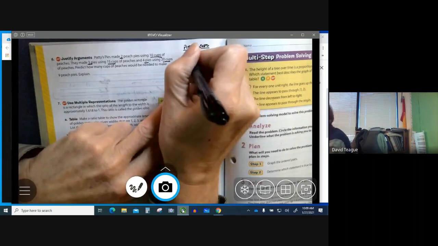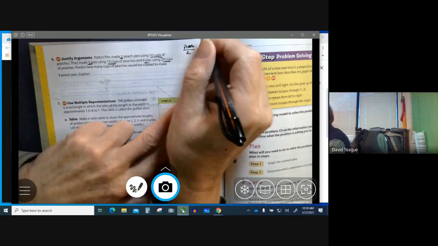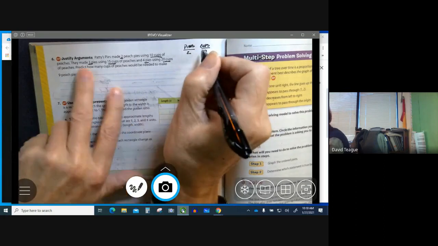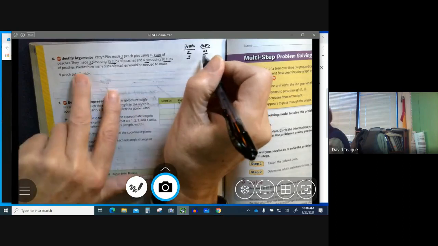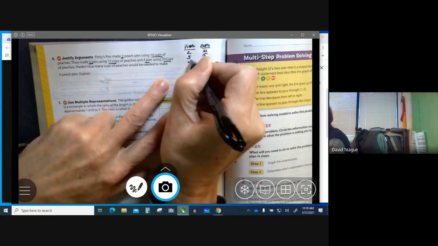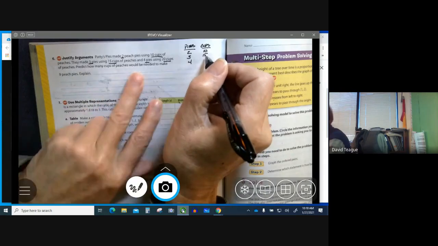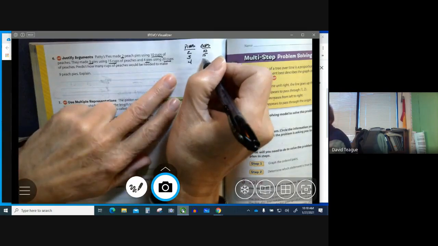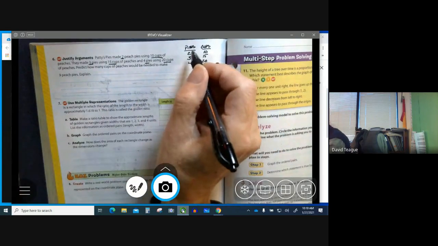So if we do our ratio table, we have 2 to 10, then we have 3 to 15, then we have 4 to 20.